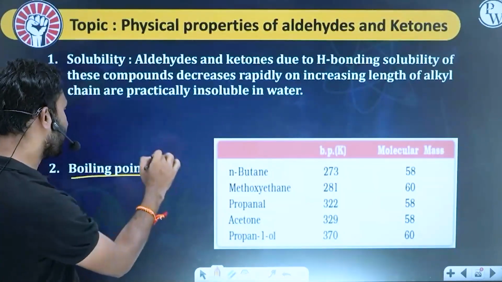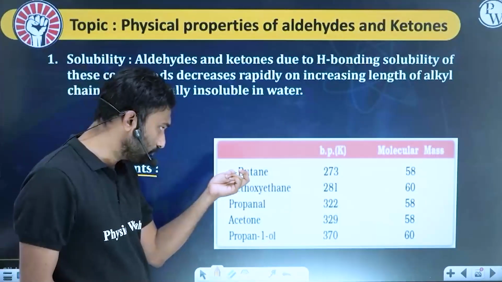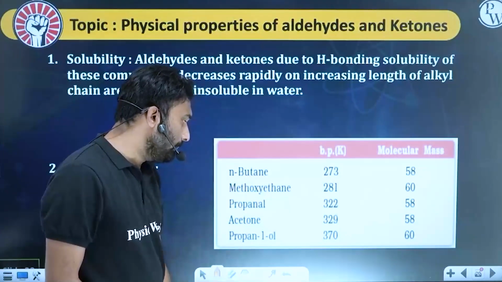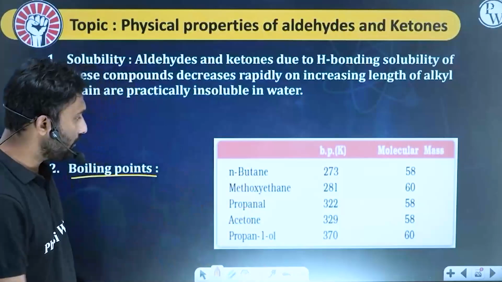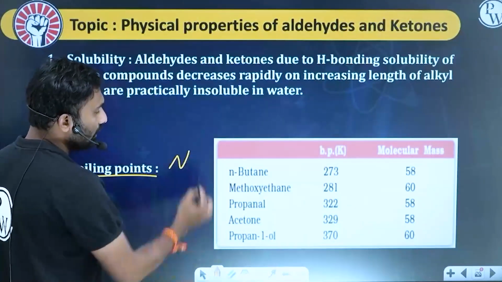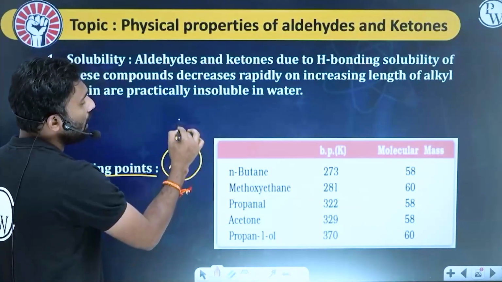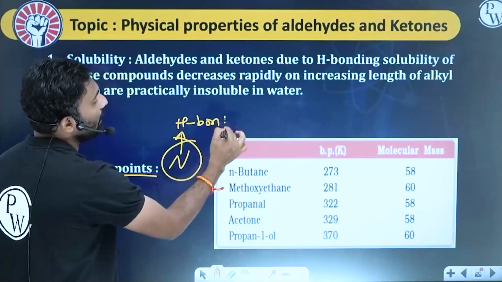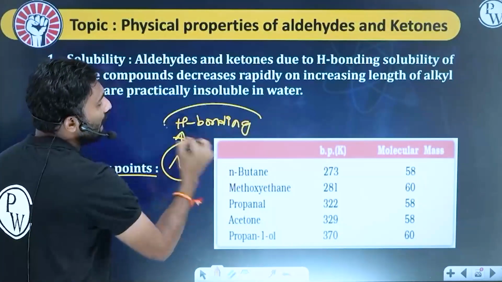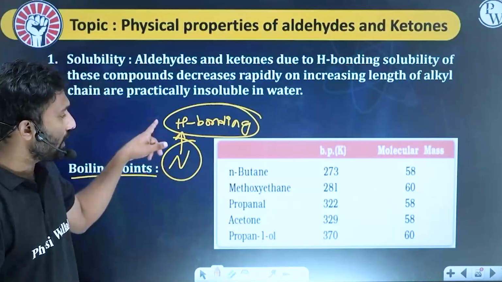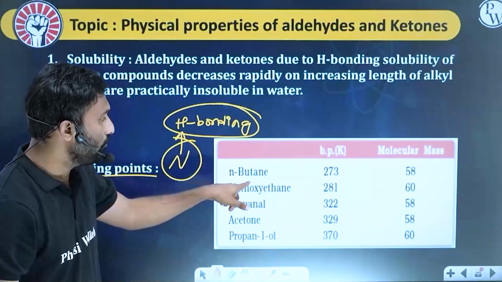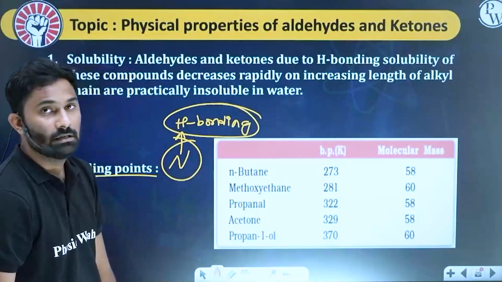Next, boiling point. Look here, n-butane and methoxyethane. In n-butane there is no hydrogen bonding. Due to the absence of hydrogen bonding, the n-butane boiling point is less.